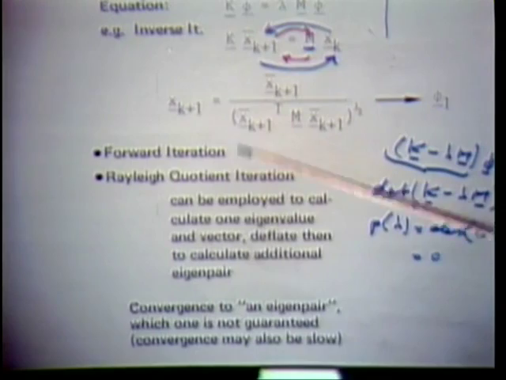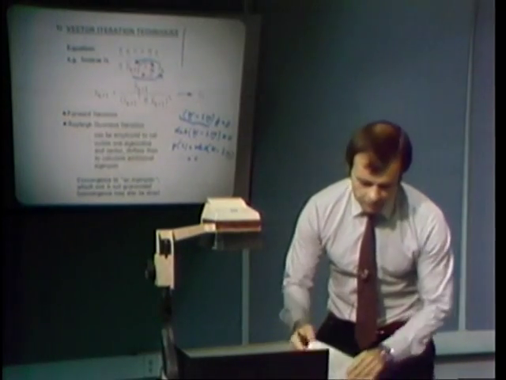The same deflation also would be used in inverse iteration alone and in forward iteration alone. In a Rayleigh quotient iteration, we converge to an eigenpair, but which one is not guaranteed. So this is a class of techniques, iteration methods, that we are using.